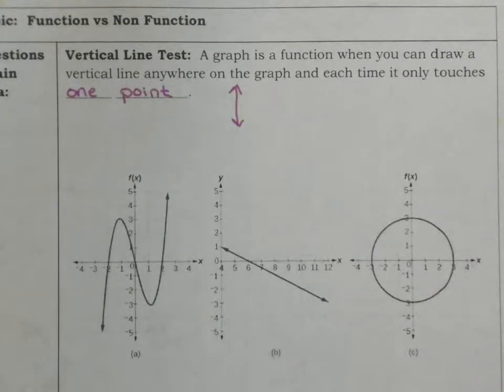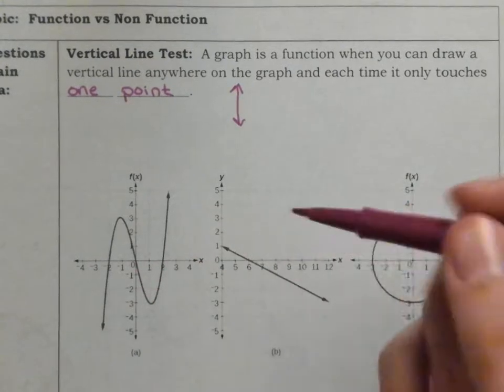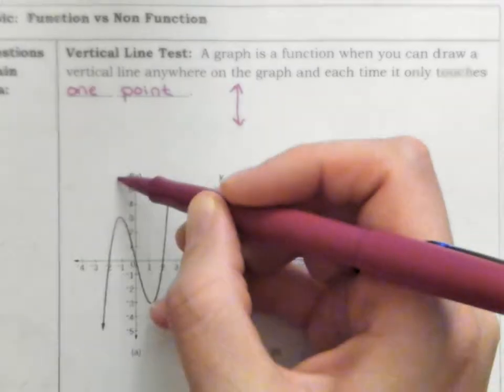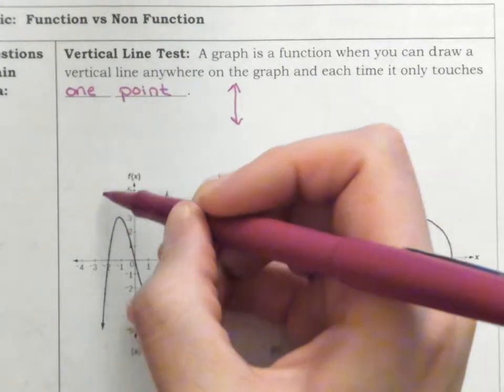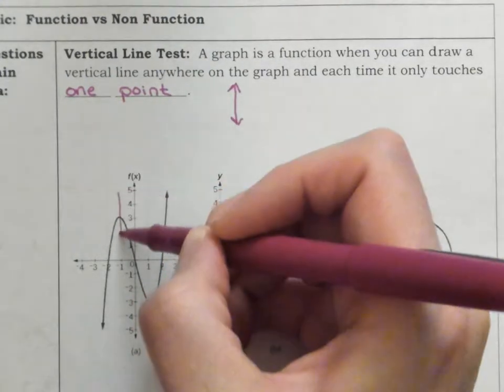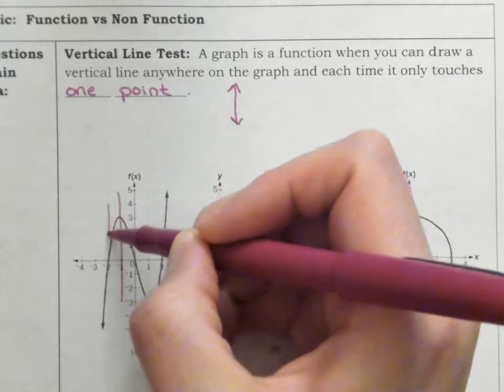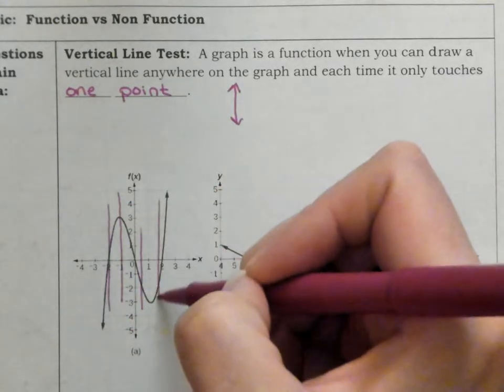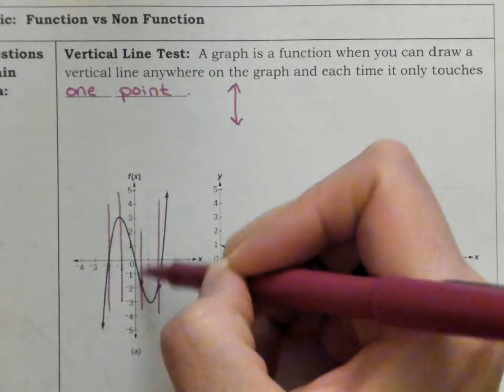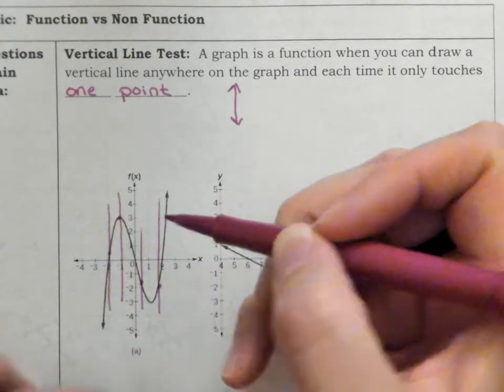So, for example, this is a function. If I were to draw a vertical line straight down through this graph, every time I would only hit one point. Right? 1 point every time.